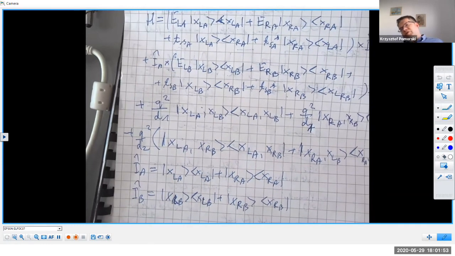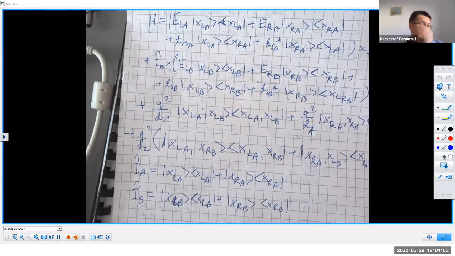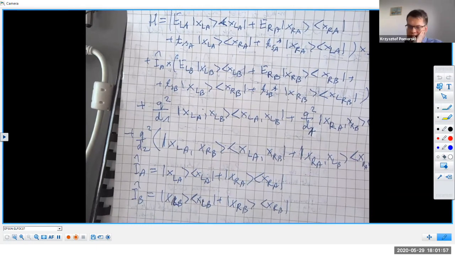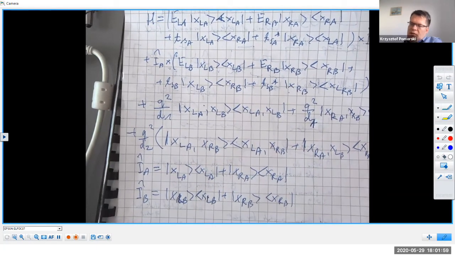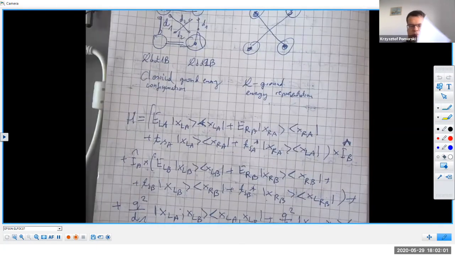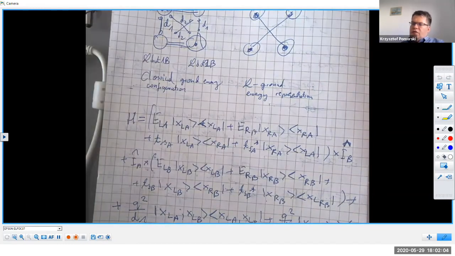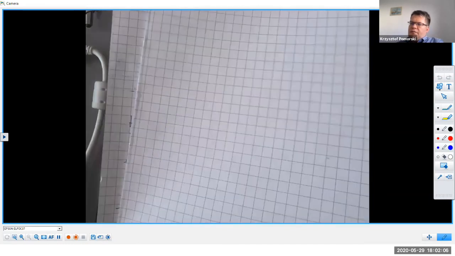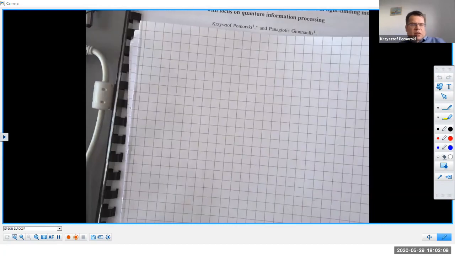So we have this projection representation of the Hamiltonian, and then we are ending with a matrix structure. Sorry for the lengthy part.